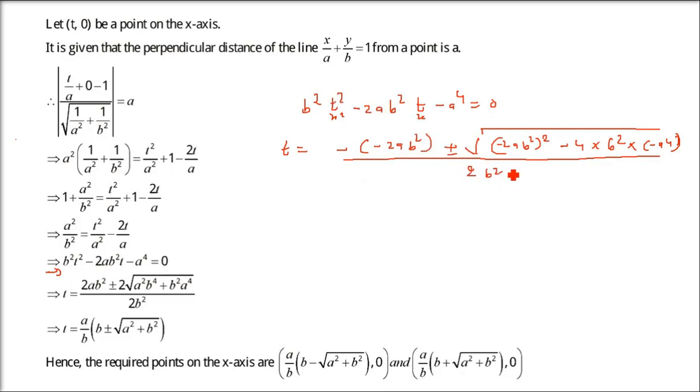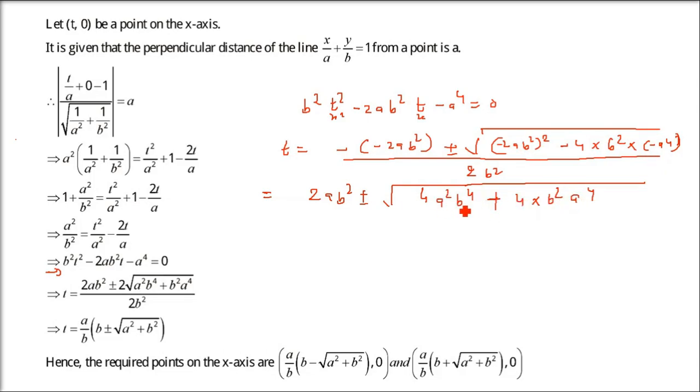So what do you get here? Minus minus is plus 2ab square, plus minus, under root, here I'm squaring it, 4a square b to the power 4, and again minus minus becomes plus 4b square a raised 4, and then the denominator we have 2b square.